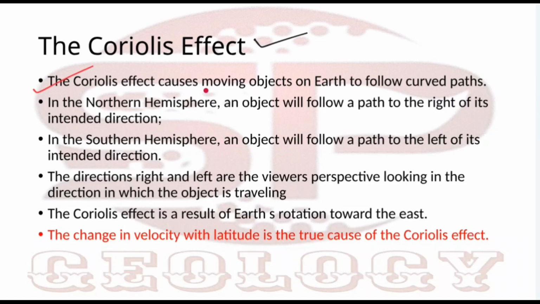The Coriolis effect causes a moving object on the Earth to follow a curved path. Moving object here means an object moving in the air. In the northern hemisphere, it will deflect towards the right of the viewer, and in the southern hemisphere, towards the left.